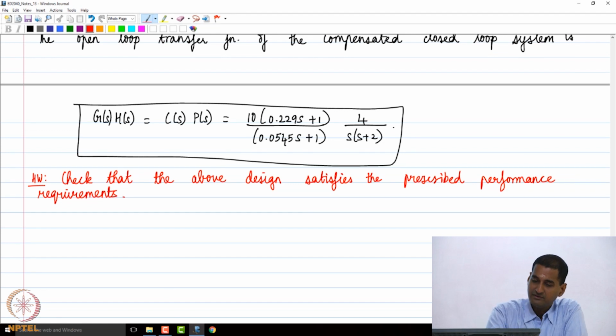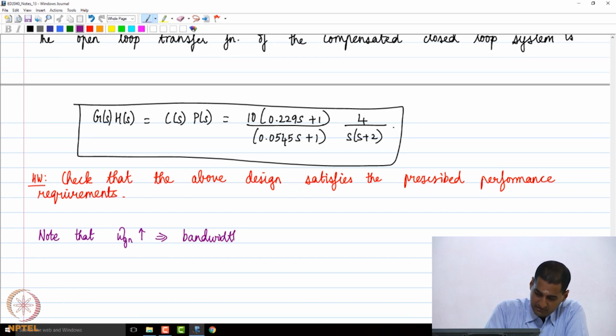Note that omega gn increased implies the bandwidth has increased with compensation. Okay. But what is the price we need to pay?